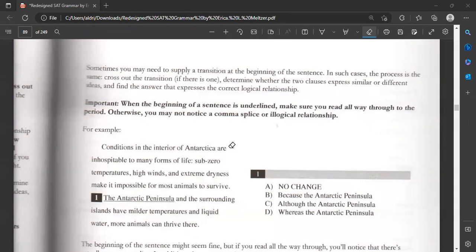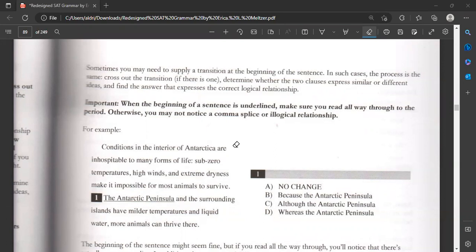First of all, we all agree that it would be more logical for us to put the transition there, right? So A is wrong. The question is asking us to work with the transition there and see how this sentence is going to work.